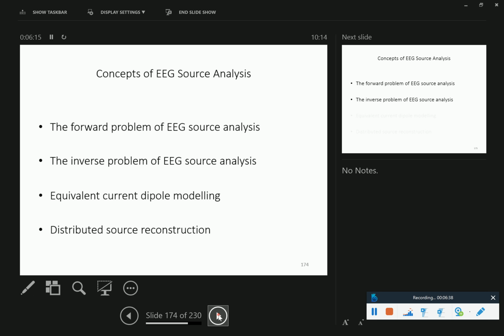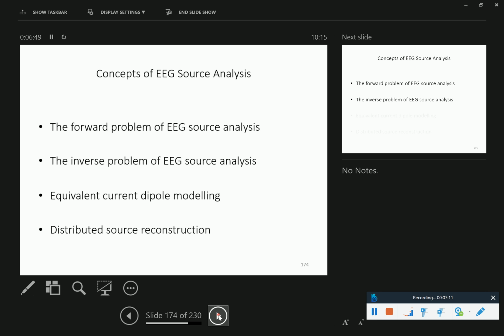And this is of course very close to the heart of neuroimaging people, because especially if you got into the field because of these pictures from fMRI that you've seen, where you see the brain and then you see some blobs of activations, then you have the feeling that you want to know where things are coming from. Whether that's really important to understand the function is a different question. So EEG source analysis is close to the heart of every neuroimaging practitioner.